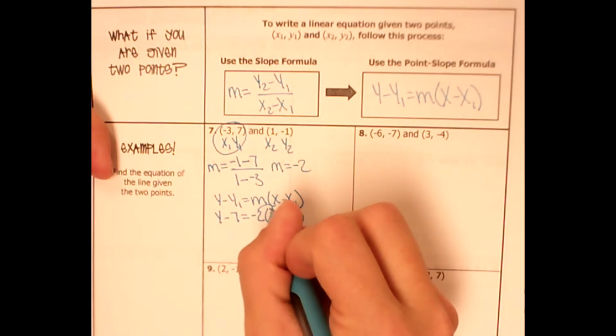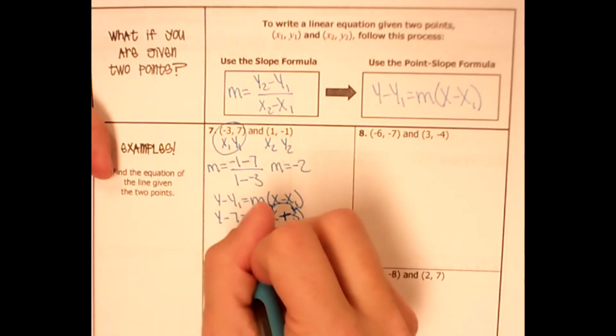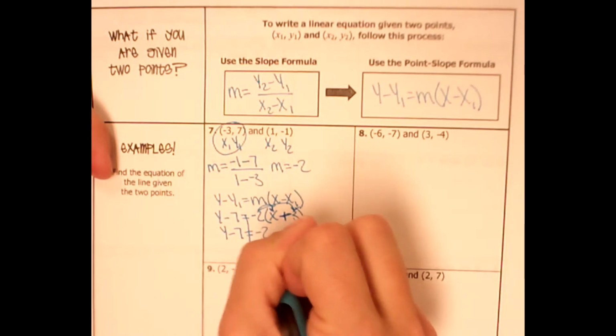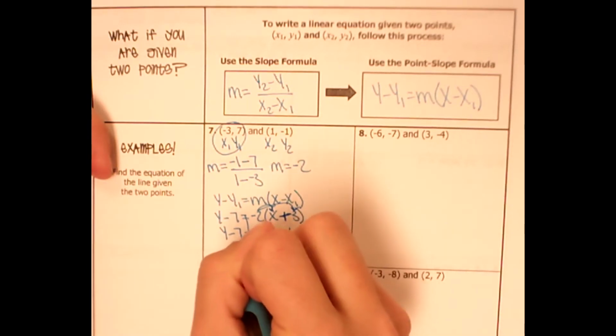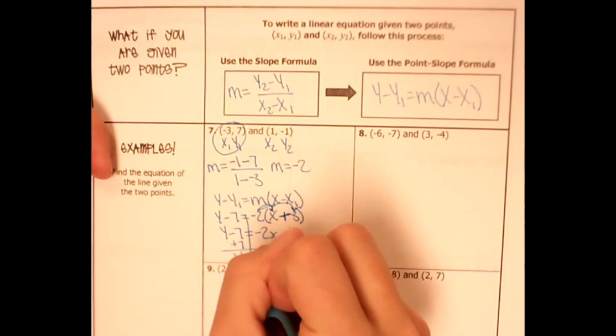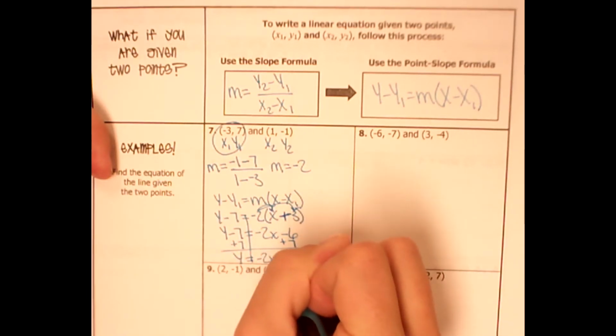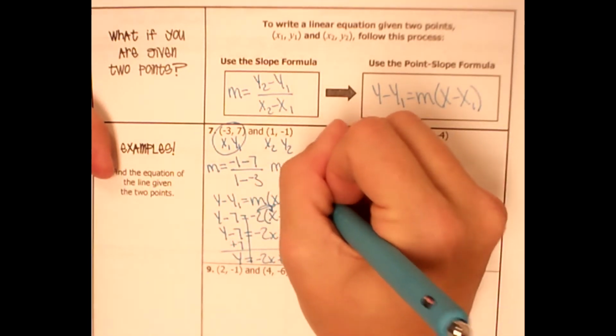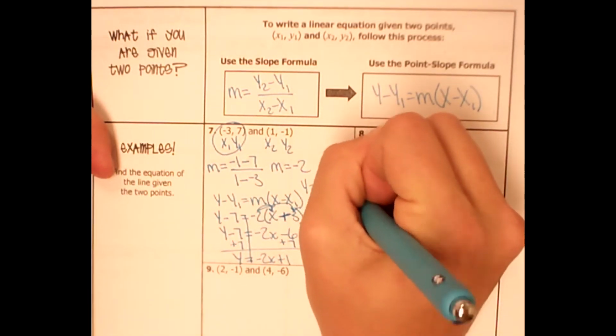I'm going to distribute that negative 2, and then we'll solve. So we have y minus 7 is equal to negative 2x minus 6. Add the 7. You're left with y equals negative 2x plus 1.